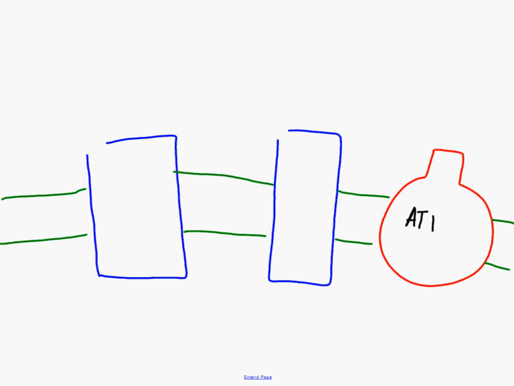This is ATP synthase, and this is photosystem 2 and photosystem 1. And then one more thing to label here, the portion between photosystem 2 and 1 is called the electron transport chain.